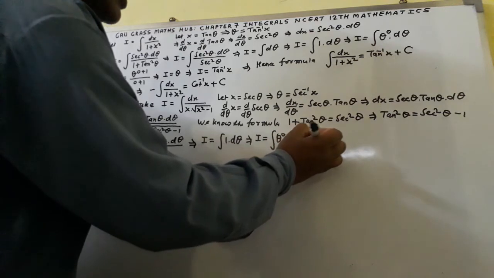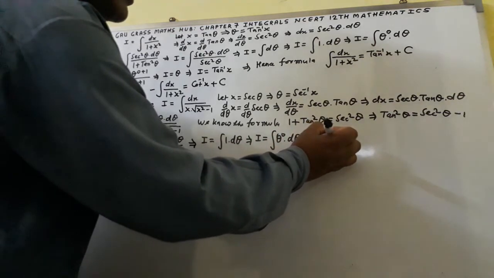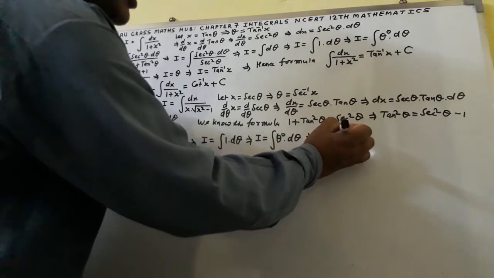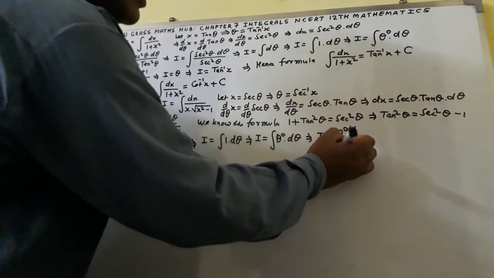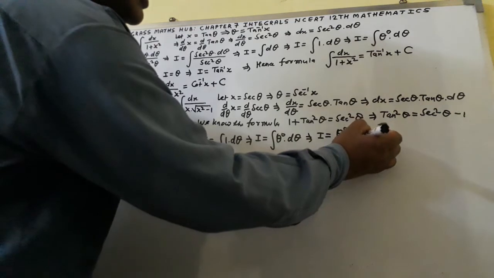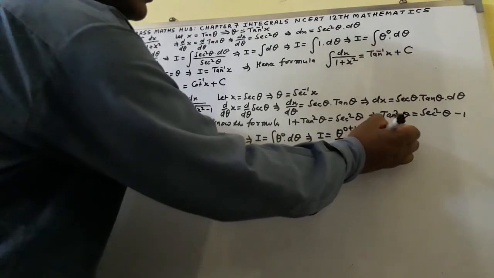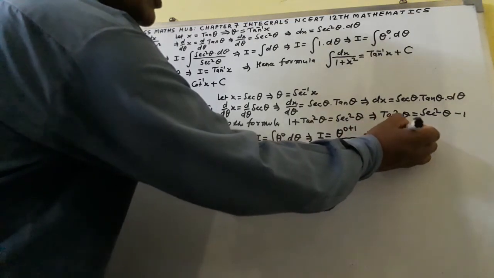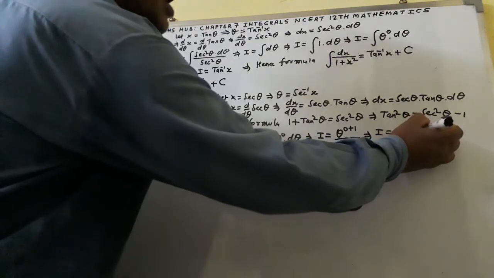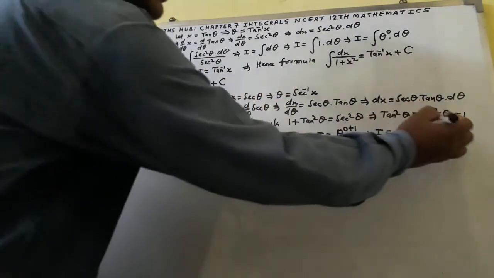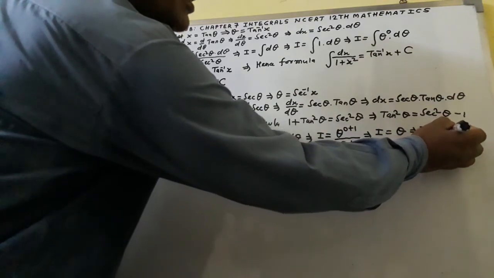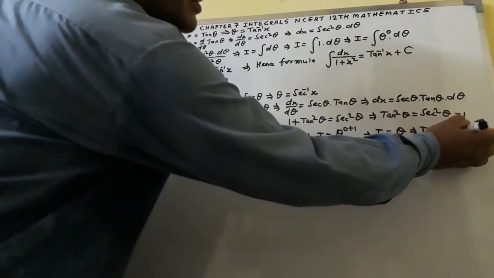You will get here I equal to theta raised to the power 0 plus 1 over 0 plus 1. You will get here I equal to theta. Implied that I equal to, in place of theta I shall write sec inverse x. So here write sec inverse x.